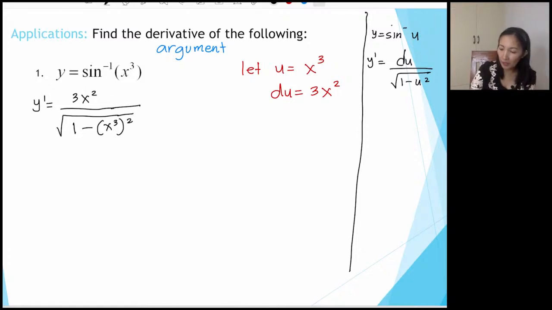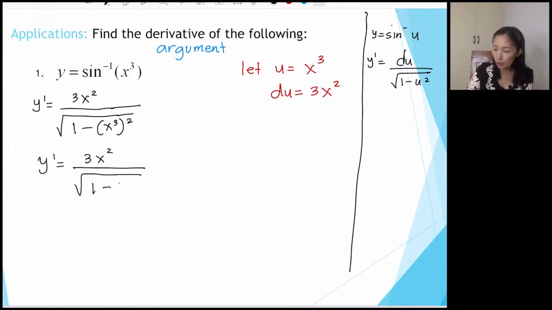Simplifying it further, y prime is equal to 3x squared all over the square root of 1 minus x raised to the 6th power. And that's it.